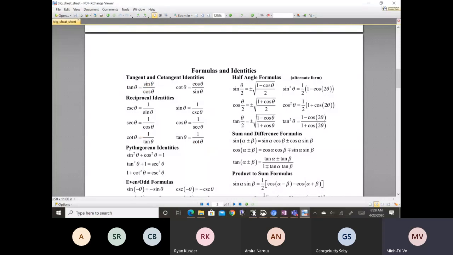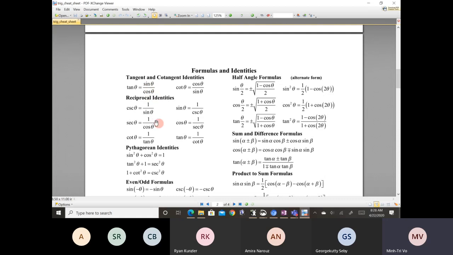In terms of how they're used, typically when we're working with identities, most of the time we want to reduce everything in terms of sine and cosine because those are the two main trig functions.